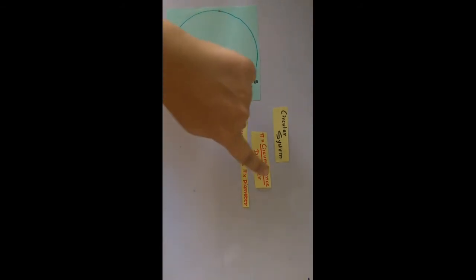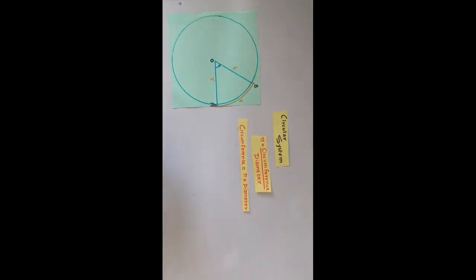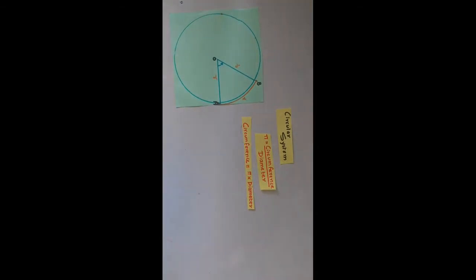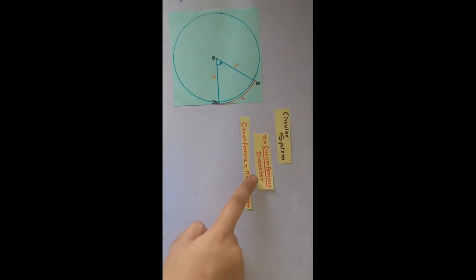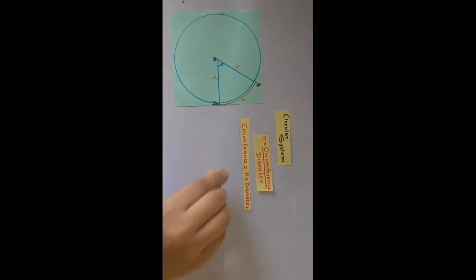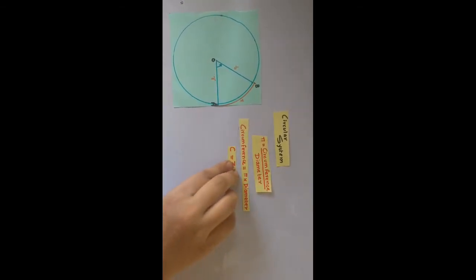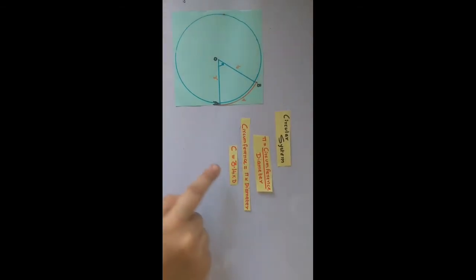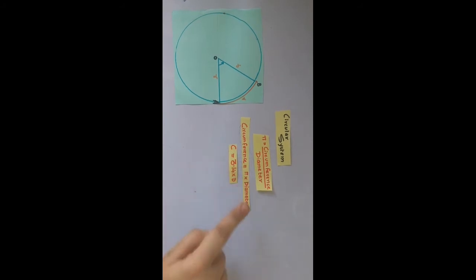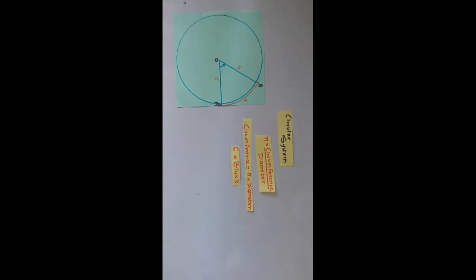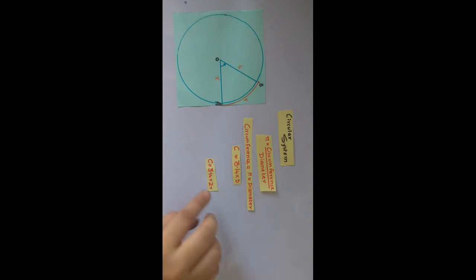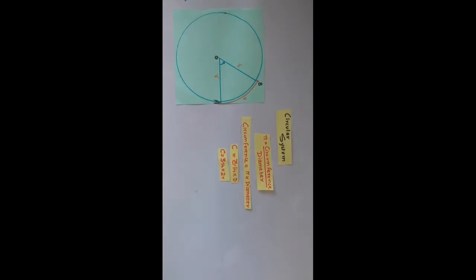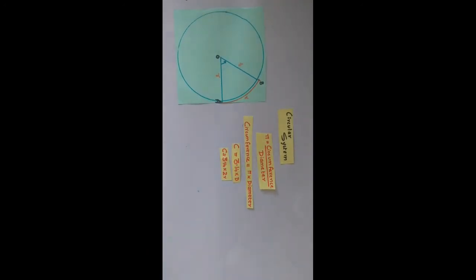Pi is equal to circumference divided by diameter, which is the definition of pi. Now circumference will be equal to pi multiplied by diameter, that is 3.14, the value of pi, multiplied by diameter. Diameter, we know, is twice the radius, so circumference will be 3.14 multiplied by 2r.